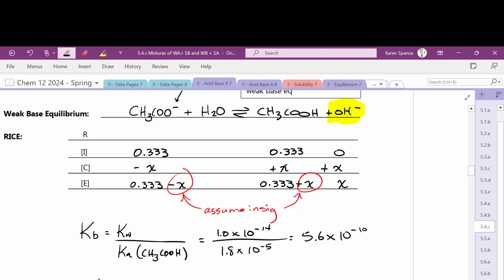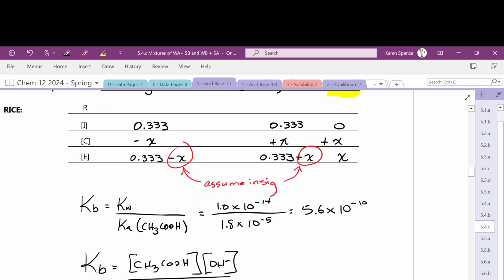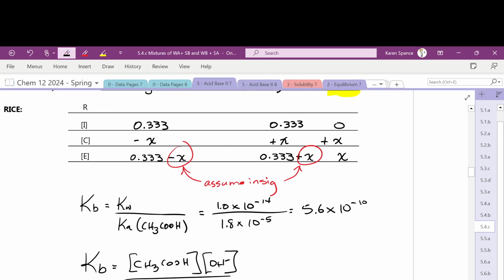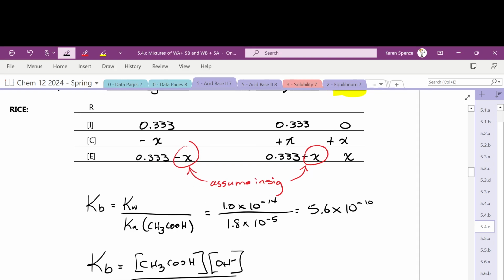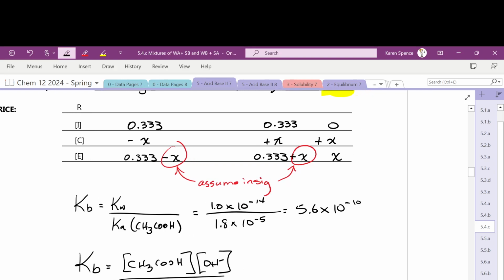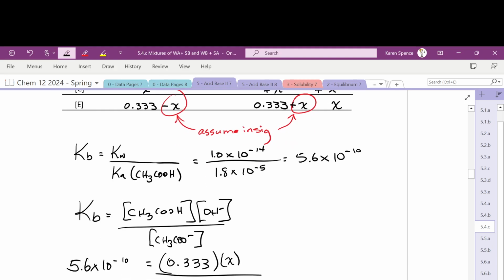KB is equal to CH3COOH times OH minus over CH3COO minus, and KB is 5.6 times 10 to the negative 10, which is equal to 0.333 times x divided by 0.333.